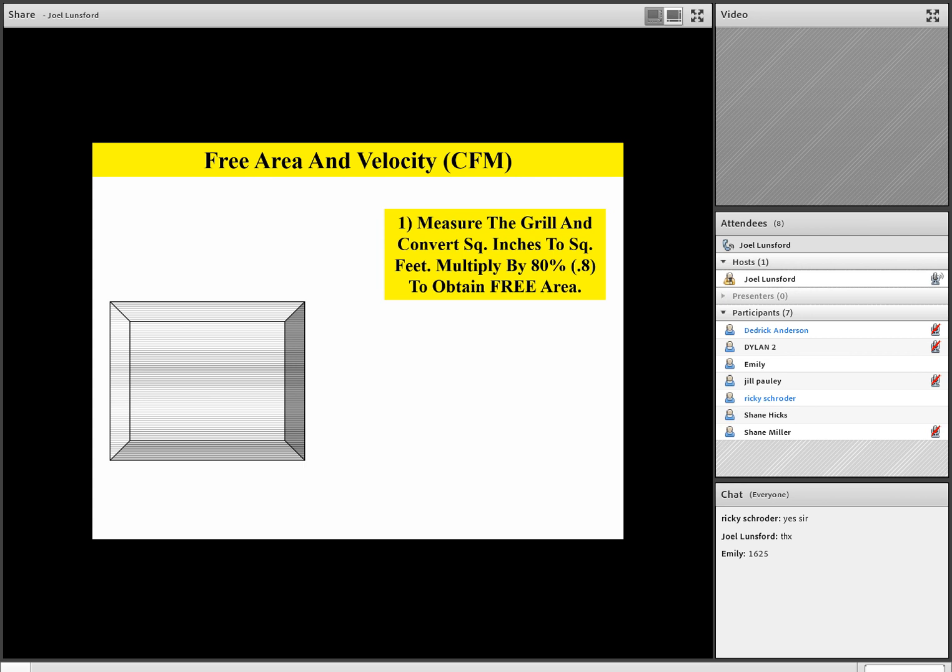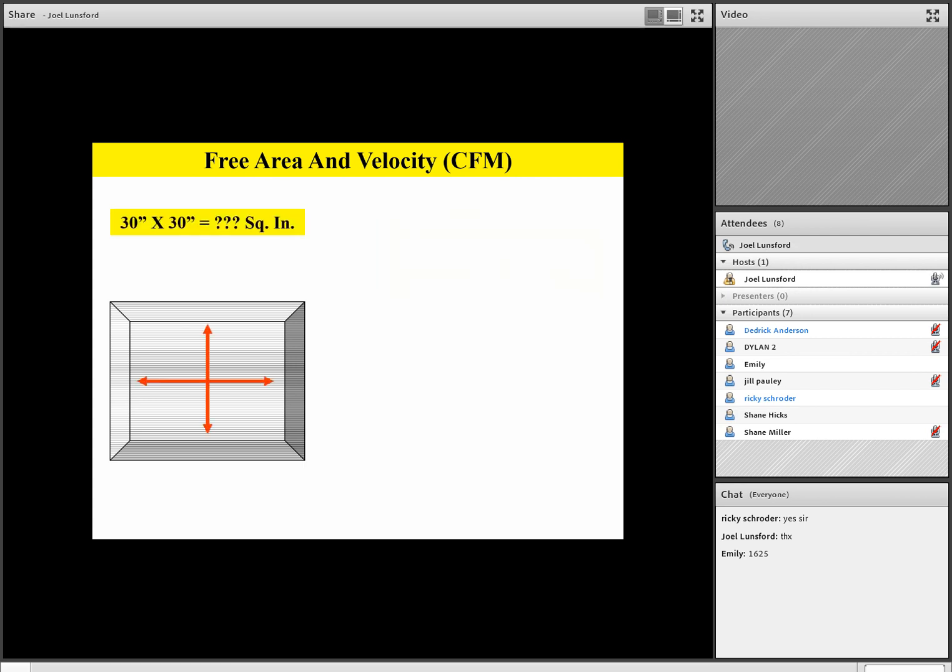So in this example, we have a 30 by 30 grill. If we multiply 30 times 30, that's 900 square inches. Now remember, team, we always have to get to square foot area and free area on a register or grill. So we then divide 900 square inches by 144 to get square feet.